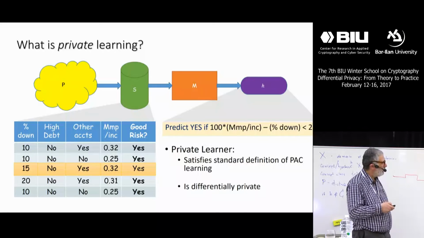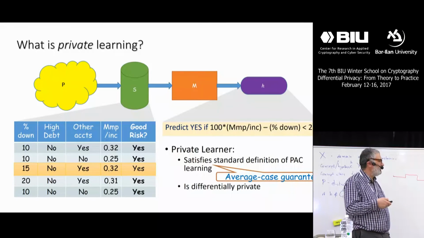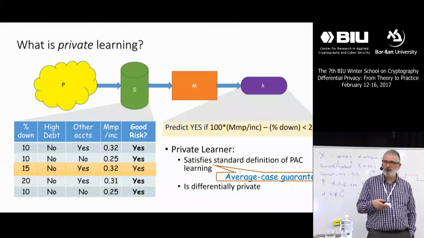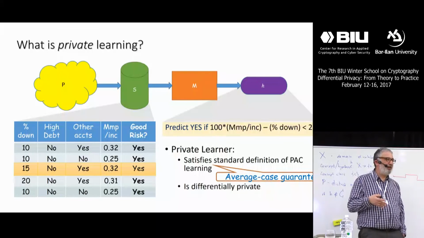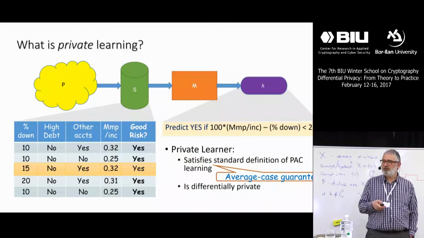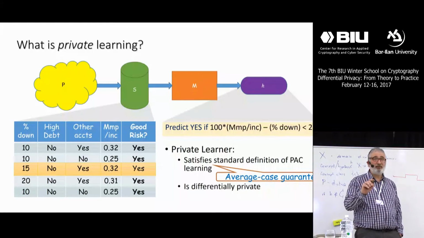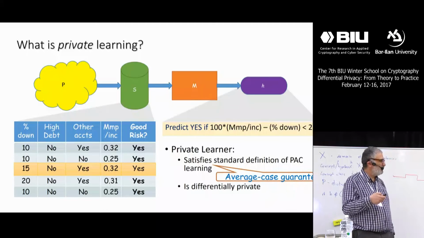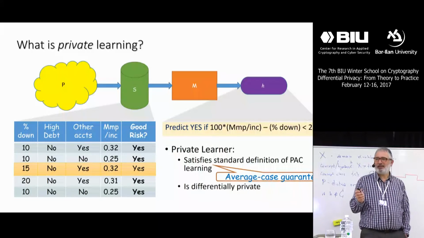The first one, learning, is an average case guarantee. We assume that our input comes from an underlying distribution, and we only test the algorithm with respect to that underlying distribution, even if it's unknown. But that's how we define a good learner. When we speak about privacy, we don't want to make such assumptions.